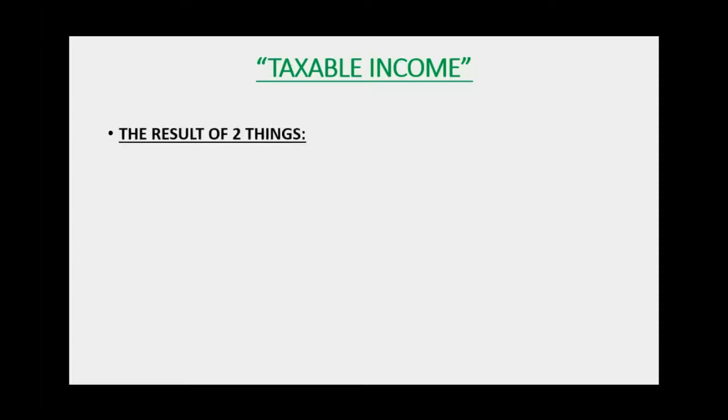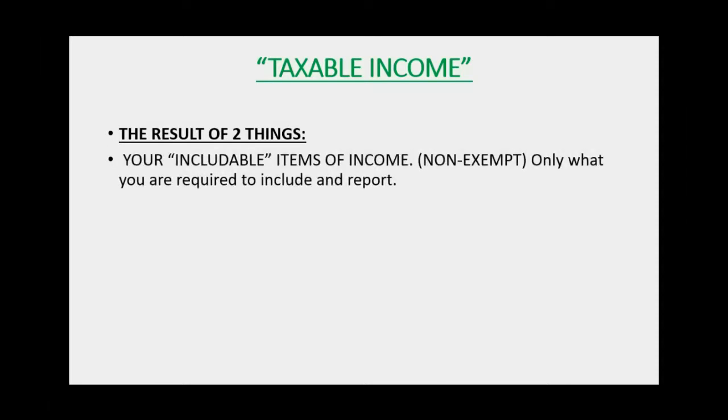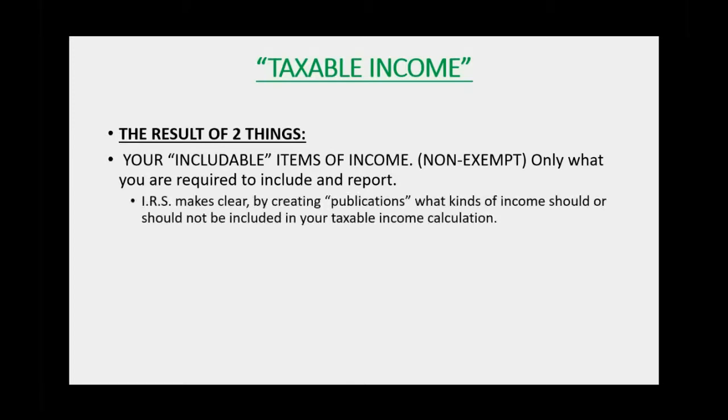And taxable income is the result of two things: your includable items of income, which they call non-exempt income, which is only what you are required to include and report. The IRS makes clear by creating publications what kinds of income should or should not be included in your taxable income calculation.